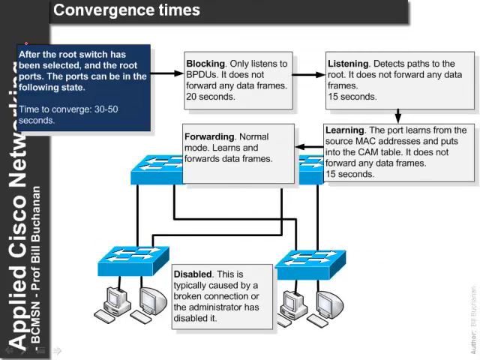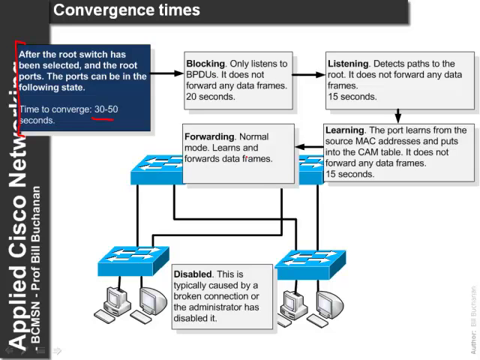A key factor in spanning tree is the amount of time it takes for it to settle down and to have some form of convergence where all the switches actually have a coherent picture of the whole network. This can take 30 to 50 seconds and happens after the root switch has been selected and also the root ports.